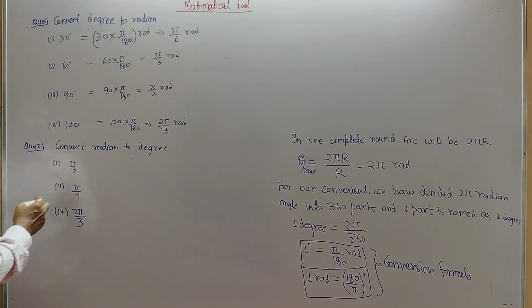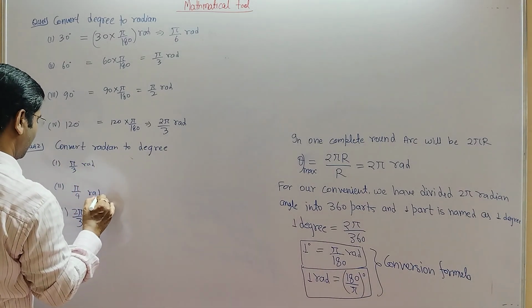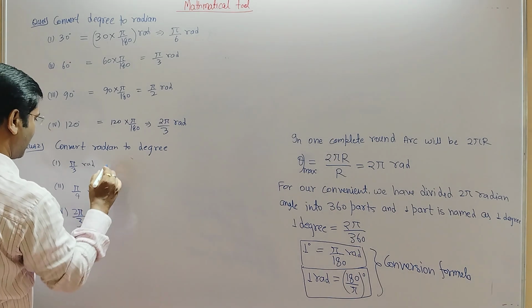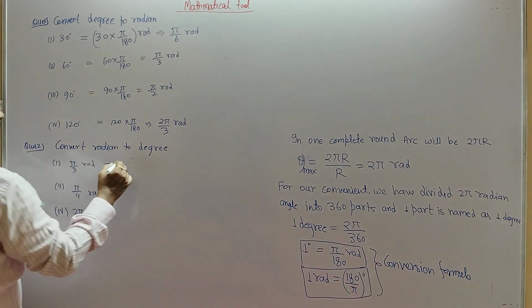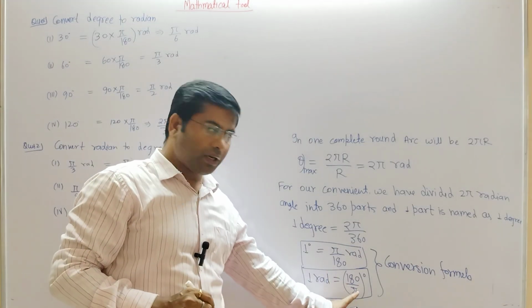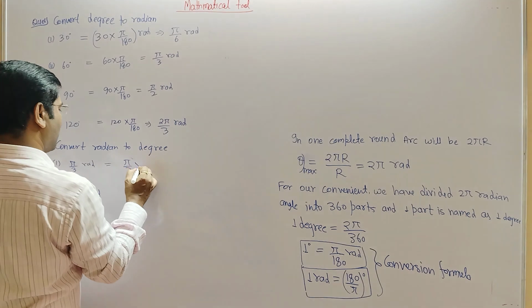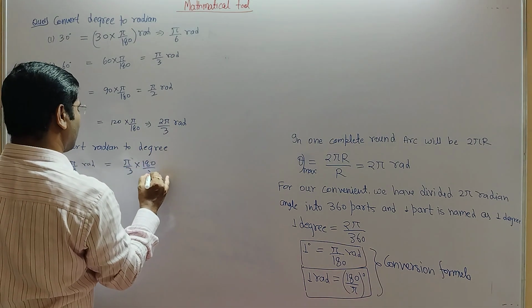All of these are in radian. So now directly I'm writing here pi by 3 radian. What we have to do if you want to convert radian to degree? Multiply by 180 upon pi.